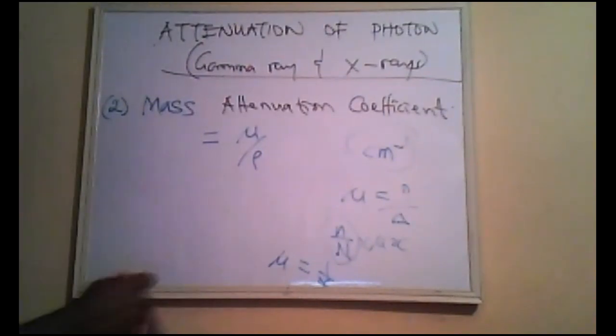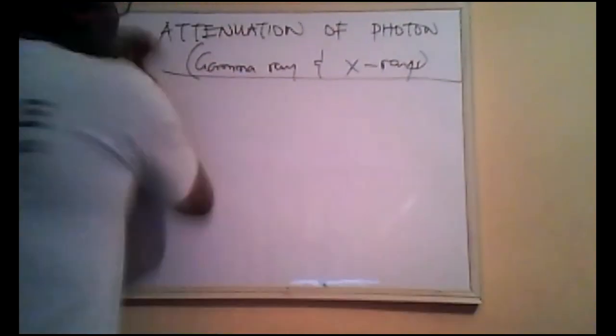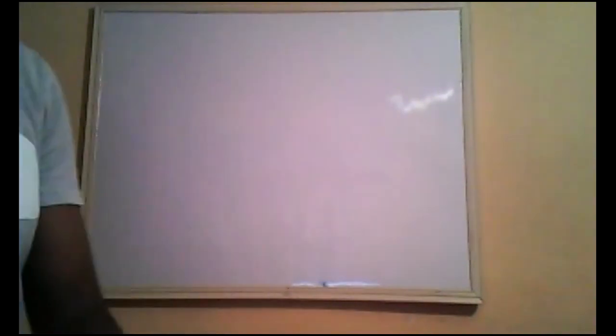Let's go to some other very, very important points we need to know. Definition: I want to look at the half value layer, HVL. This is one of the most important.